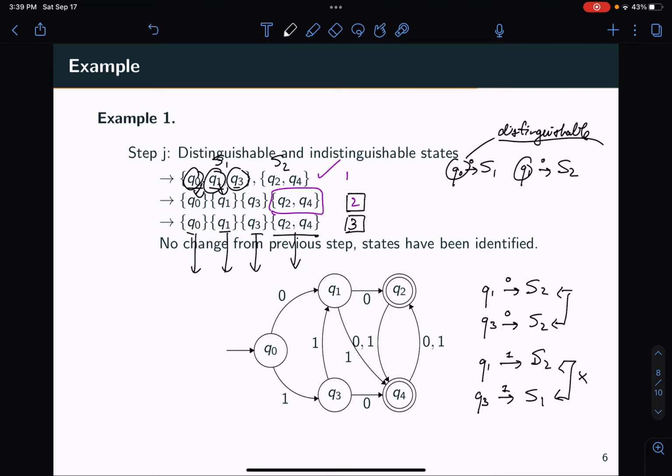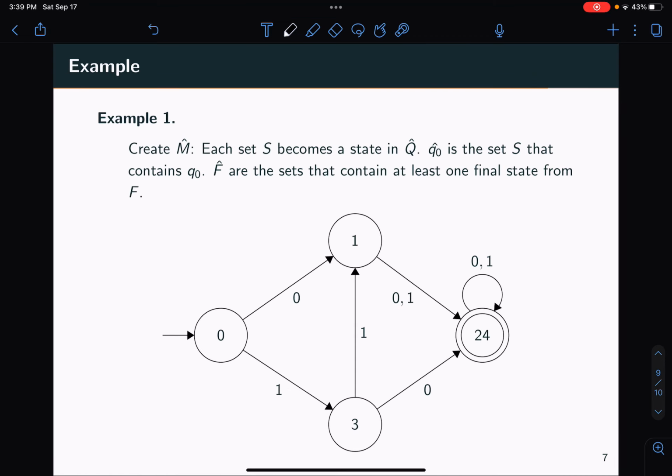So I have the set Q0 as a state, the set Q1 as a state. Oh, I haven't done that yet here. Sorry, I'm going to do that in the next slide. So the states have been identified. So I have the set Q0, the set Q1, the set Q3, and the set Q2, Q4.